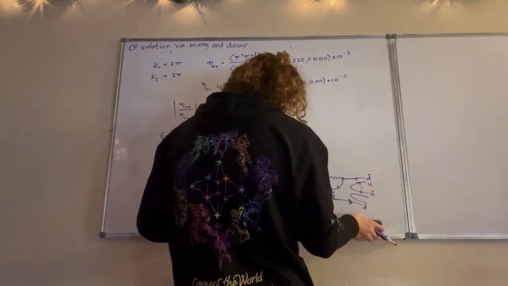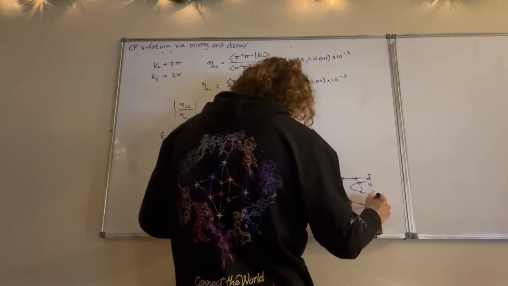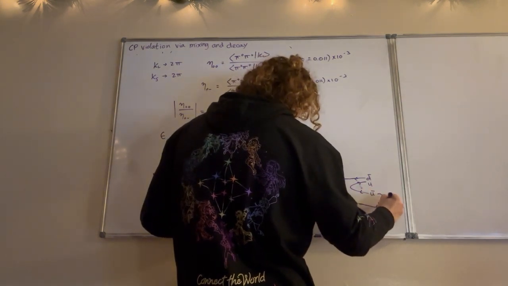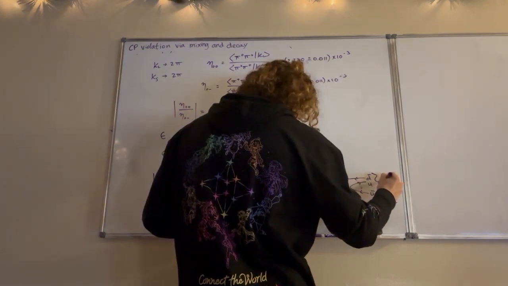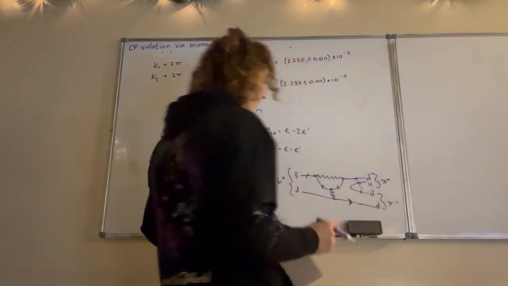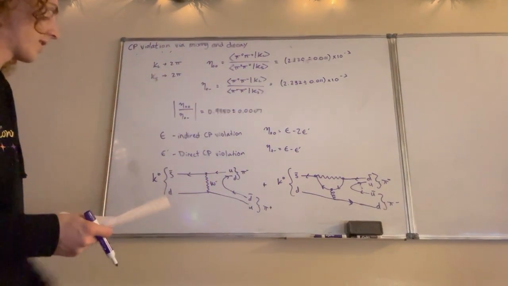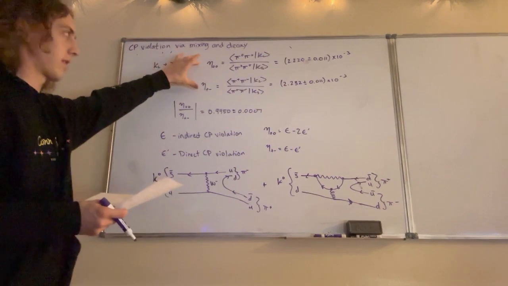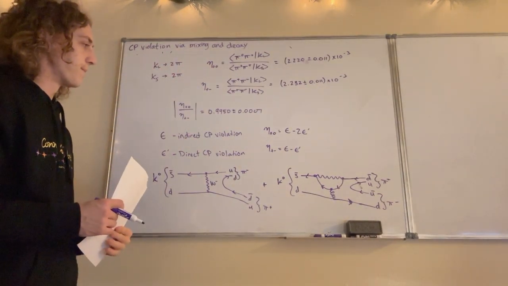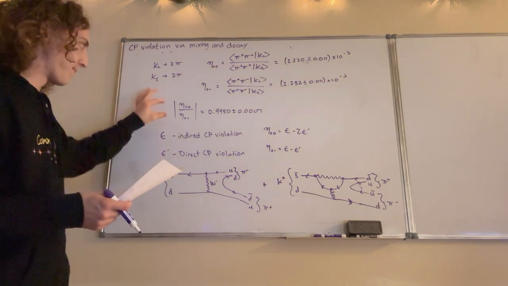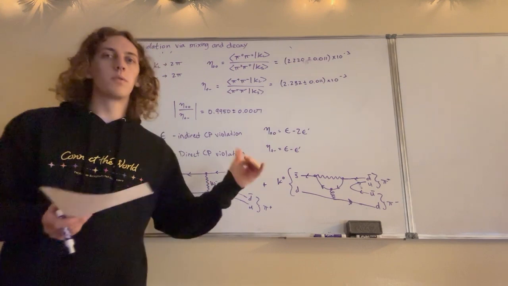Oh wait, no, sorry. That's a d. So we get a pi plus. Sorry, that's a pi plus, that's a pi minus. Okay, so these two are the leading contributing diagrams to direct CP violation. That is sort of asymmetry in the two K to pi pi decays. That if they were the same, we would get a 1 for that ratio, and we don't. So that's two separate CP violations.